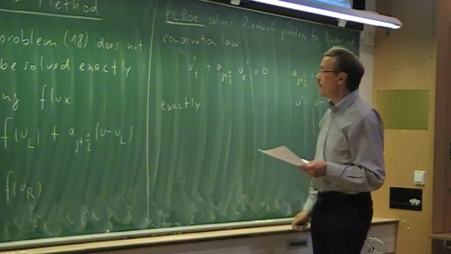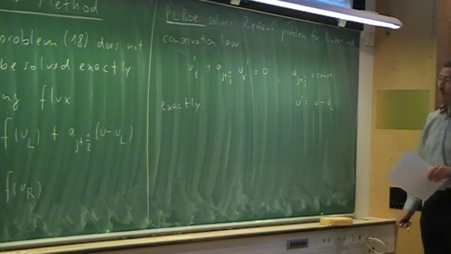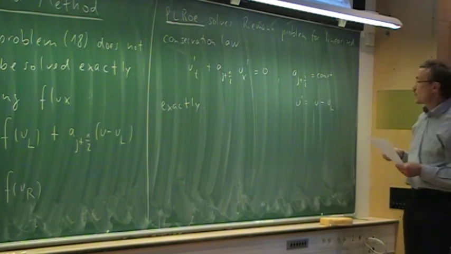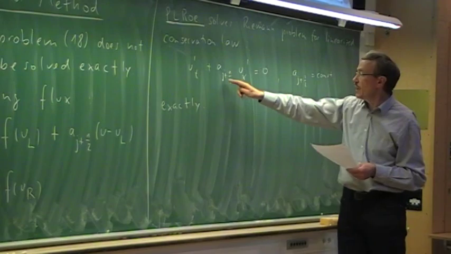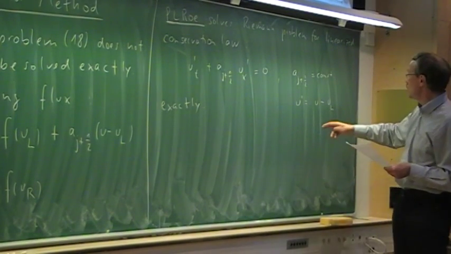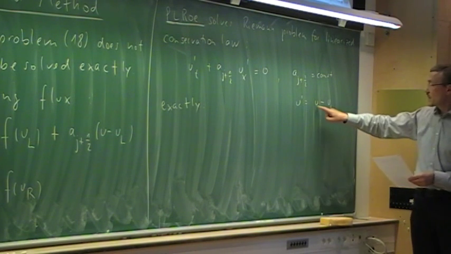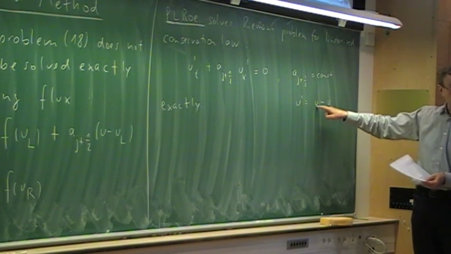So that is the point, and then we can get the value of u prime, and if we know that, then we know also this flux aj plus 1/2 times the u prime, whether it is left or right. When it's left, then u prime is 0.